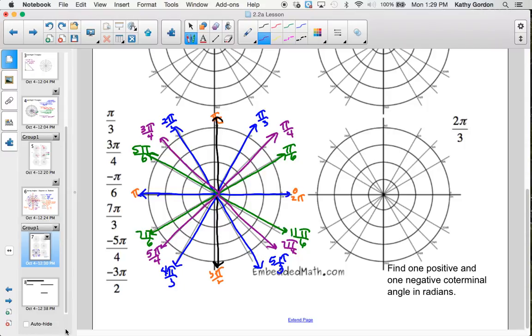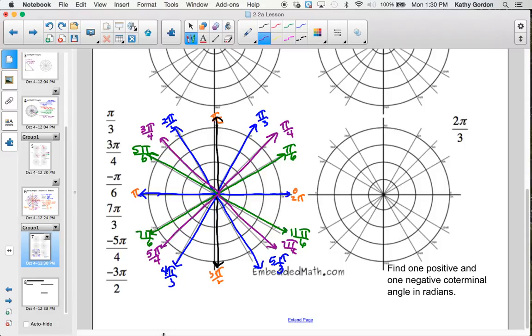Now keep in mind, when you count greens, you have to count blues with them. Okay? Because the thirds are just reduced versions of sixths. But these are thirds. We're going to count the blues. Alright, so start here. There's 1. There's 2. There's 3. There's 4. There's 5. How many are we up to? 6. How many do we need? 7. So I keep going. Which quadrant do I end up in? 1. Because I had to go all the way around and then a little bit more to get to 7 pi over 3.